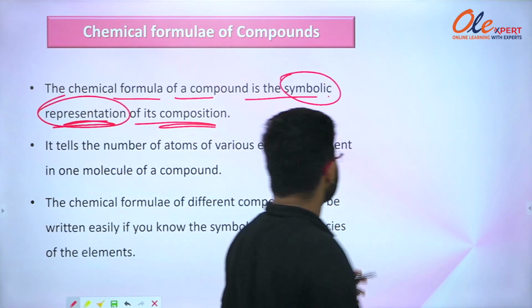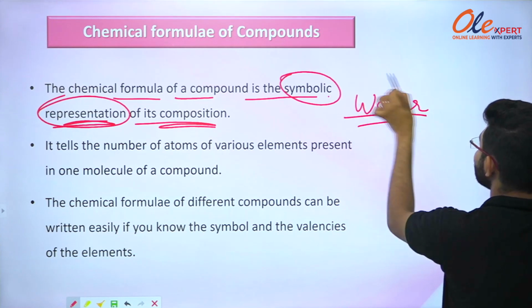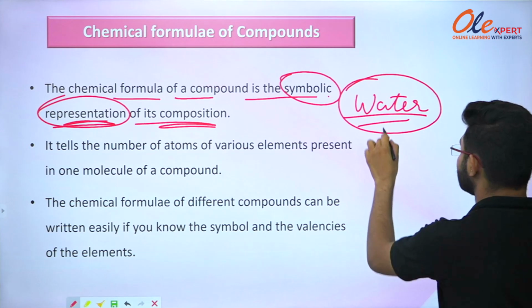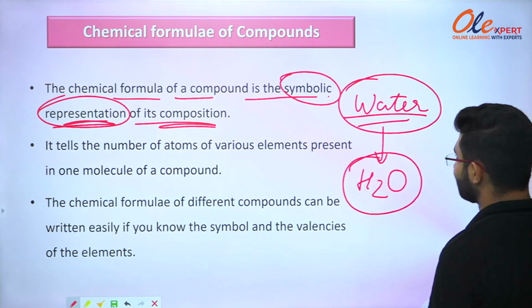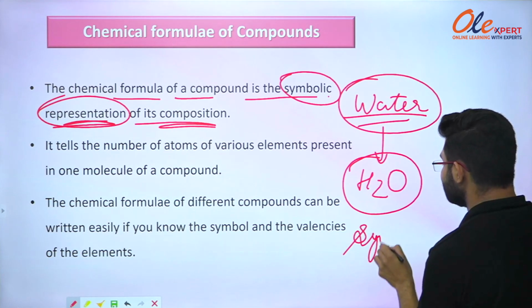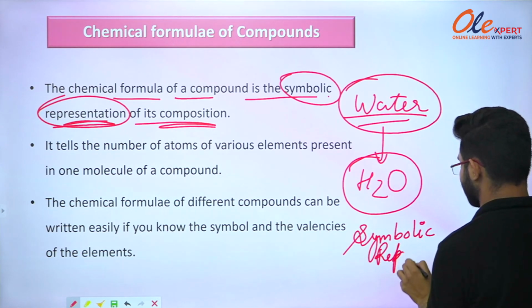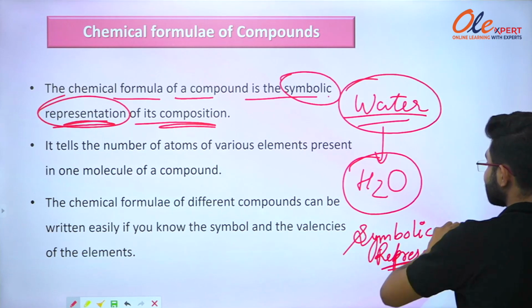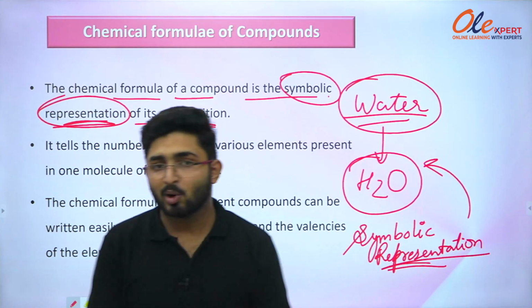Let's have an example. If I say I have water, how can I say what is the composition of water? We know that the formula of water is H2O. And this chemical formula is the symbolic representation of water, which is giving us an idea of the composition of the water molecule.